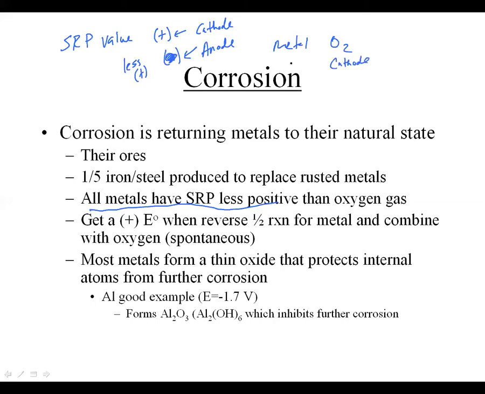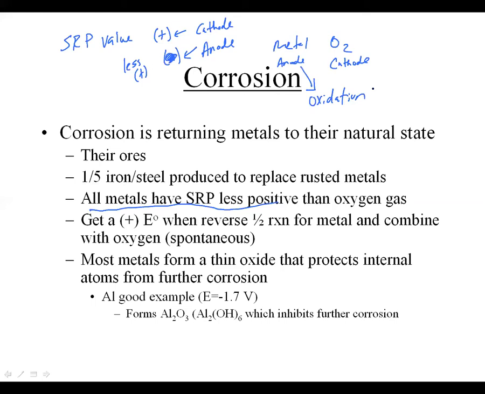That essentially means the metal is going to go through oxidation, which is corrosion, and it will go through that naturally and probably spontaneously as well. And that would lead to corrosion happening and that metal perhaps degrading as well.